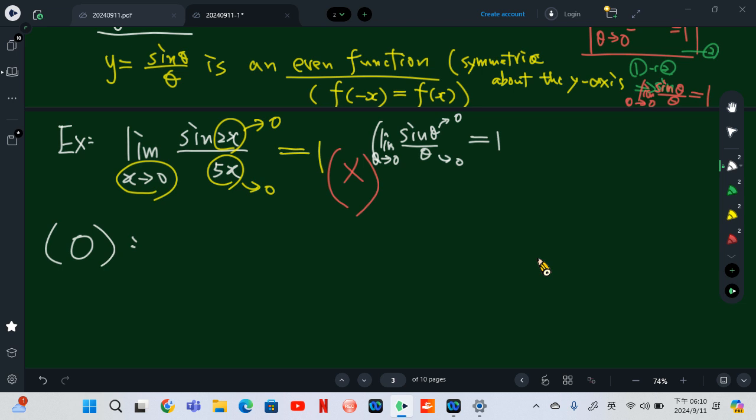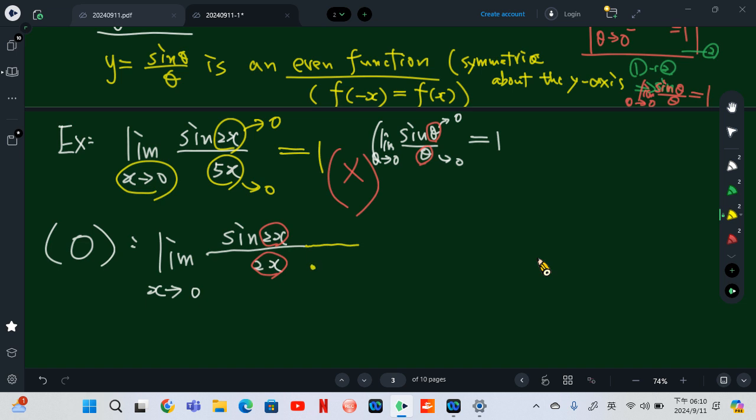The limit as x approaches 0 of sine 2x, you need to have a 2x here, because these two should have the same pace, the same speed. So here we need 2x. However, this is 5x. So supposedly we need to multiply by 5 over 2.